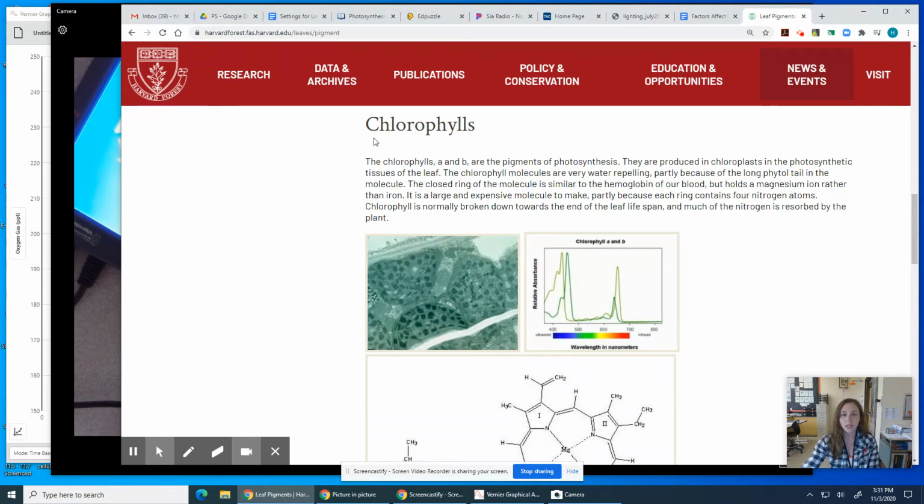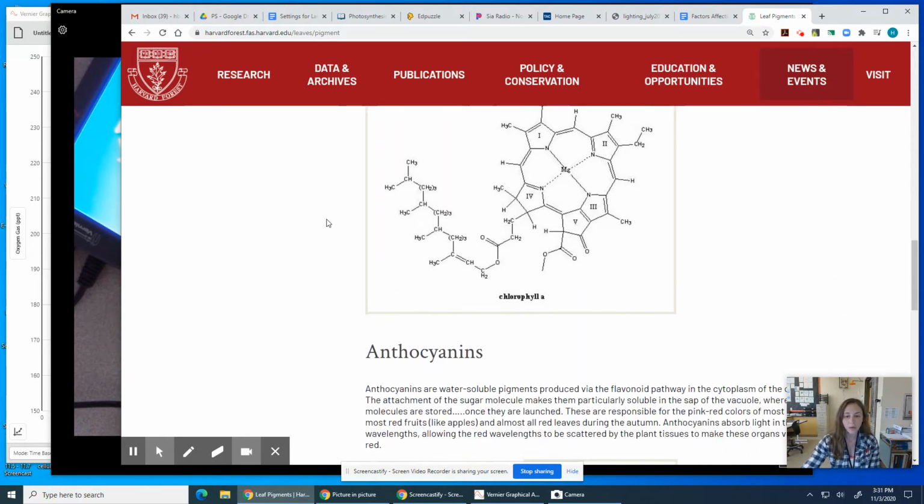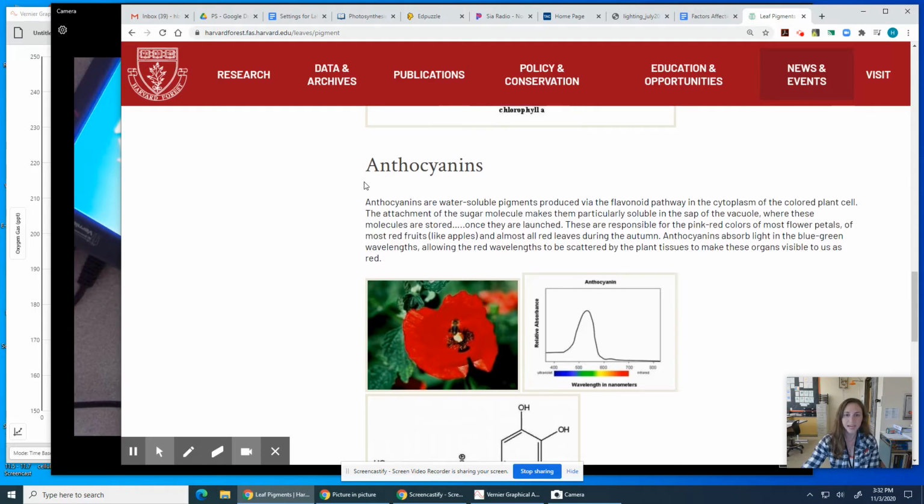So our producer we are testing today has chlorophyll in it, but it also has this other pigment called anthocyanins. These are water-soluble pigments. They form the pink, red colors that you see in flower petals.